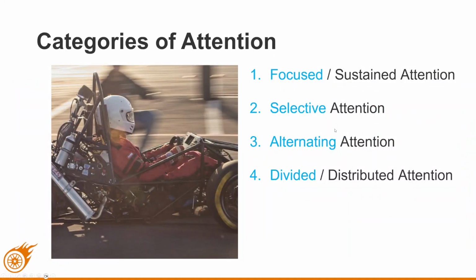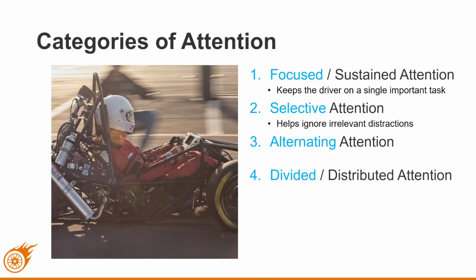So to kind of review, focused, sustained attention keeps the driver on a single important task, like a perfect line through a corner. Selective attention helps the driver ignore irrelevant distractions like fans or audio or dashboard notifications that aren't relevant at the moment.